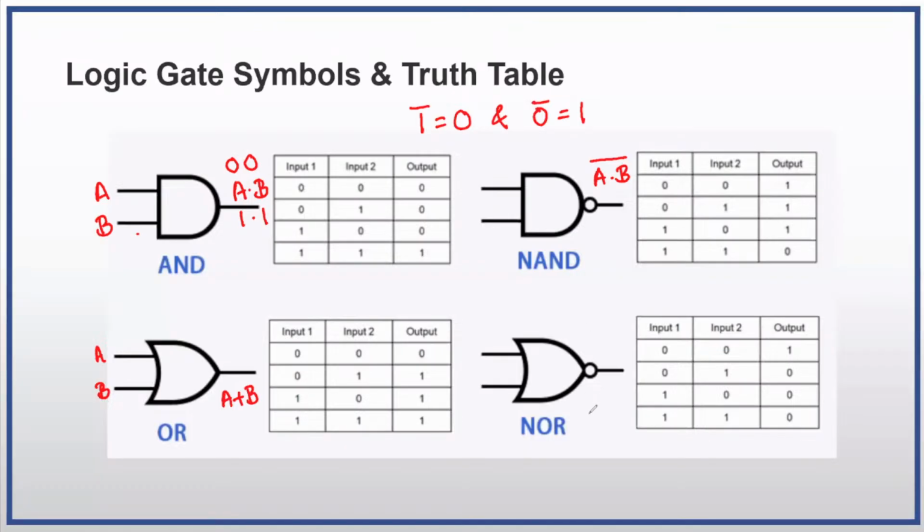And in the OR gate, it is A plus B, but in the NOR gate, it is the complement. So therefore, it's the opposite of the OR gate. Once you give 0, 0, that means false, false for both inputs, you get the true output, but in other cases, you get the value 0.